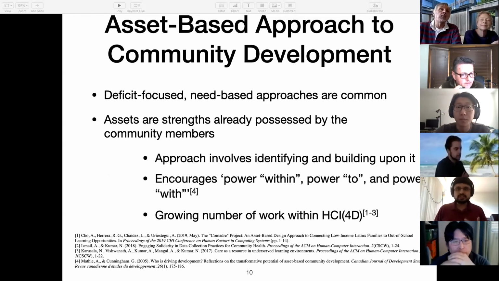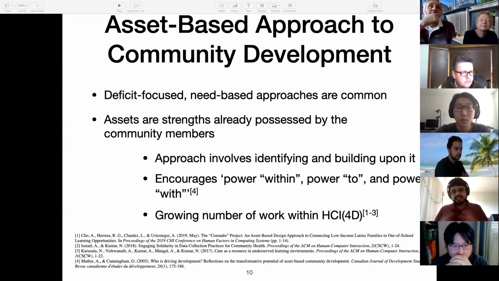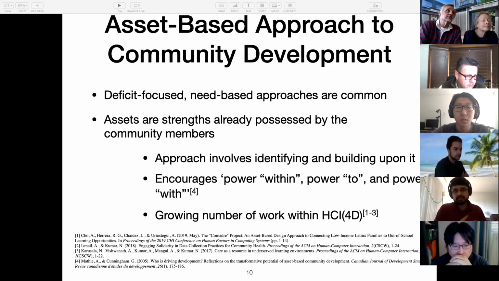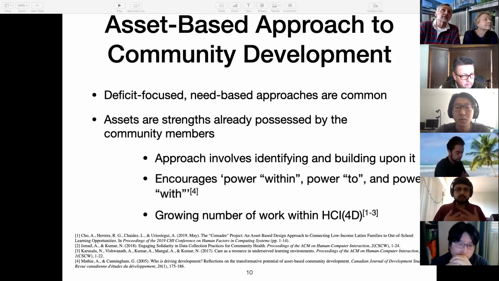Asset-based approaches, on the other hand, focus on the strengths possessed by the community members. A part of that involves identifying the strengths that the community has, as we've done in our earlier study, and building upon it, which is what we're trying to do in this study. Asset-based approaches, as Alison Mathie argues, encourage power within, power to, and power with, and resist power over the community.